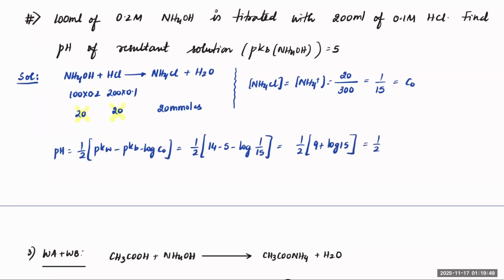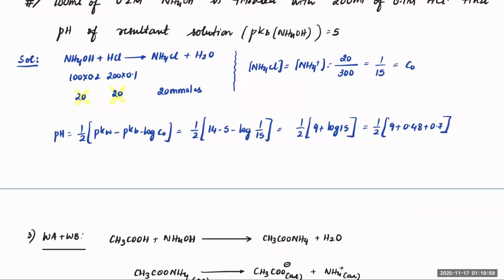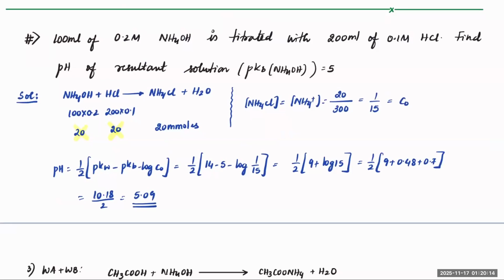Log of 15 is log of 3 plus log of 5, which is 0.48 plus 0.7. So that makes it 1.18. So 10.18 divided by 2, which is 5.09. So that is the pH of the solution. You can clearly notice that it is less than 7.